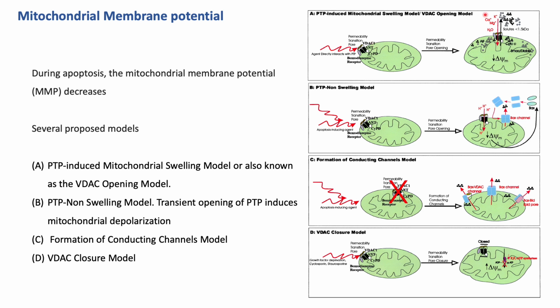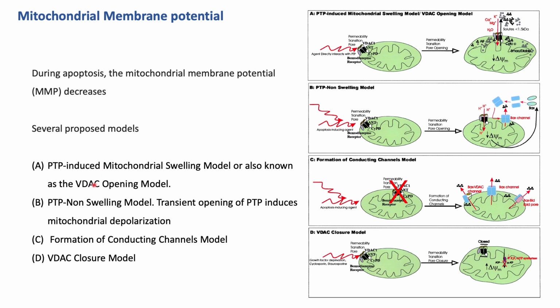So solutes and water enter, leading to a rapid loss in mitochondrial membrane potential, and also leads to mitochondrial matrix swelling and rupturing of the outer mitochondrial membrane. Subsequently, apoptogenic factors like cytochrome C, AIF, SMAC/DIABLO, like we just saw in the previous slide, all leak out into the cytosol.